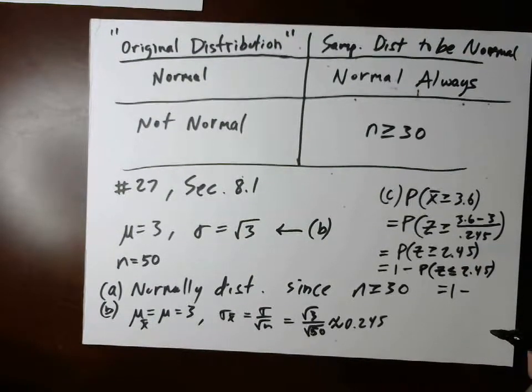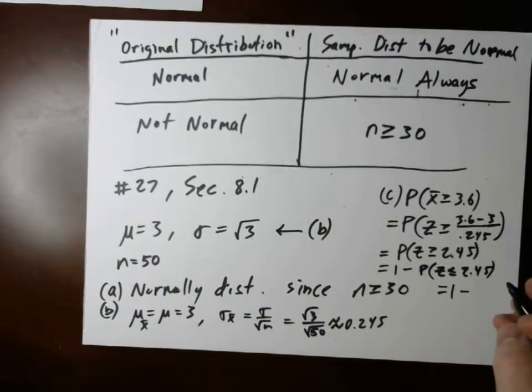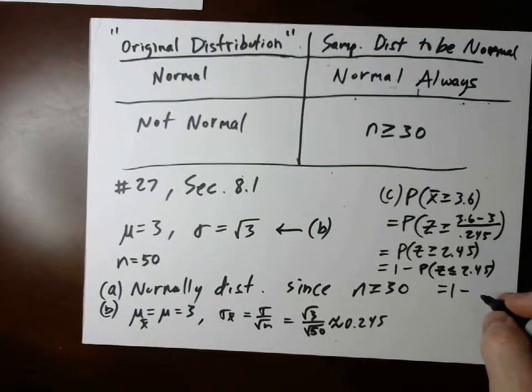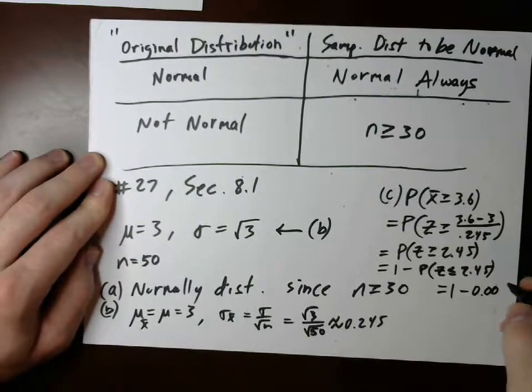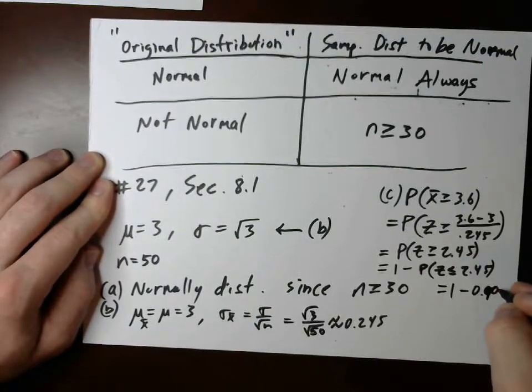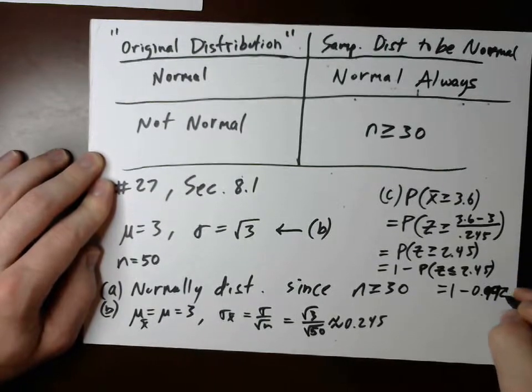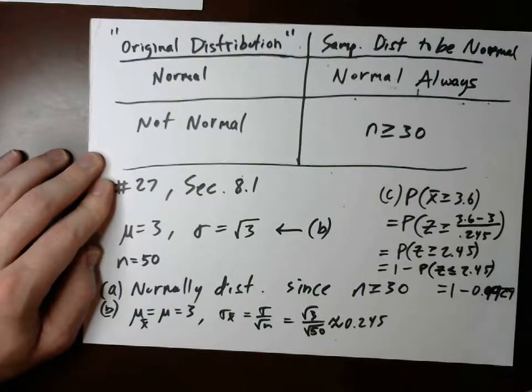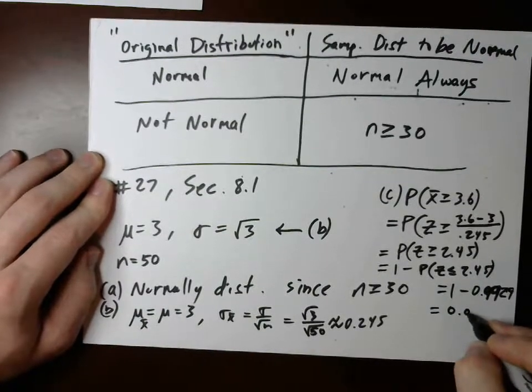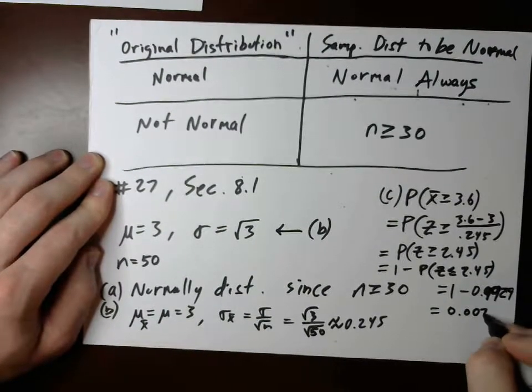This is equal to 1 minus 0.9929. We'll find that under the z-score table. 1 minus that is equal to 0.0071.